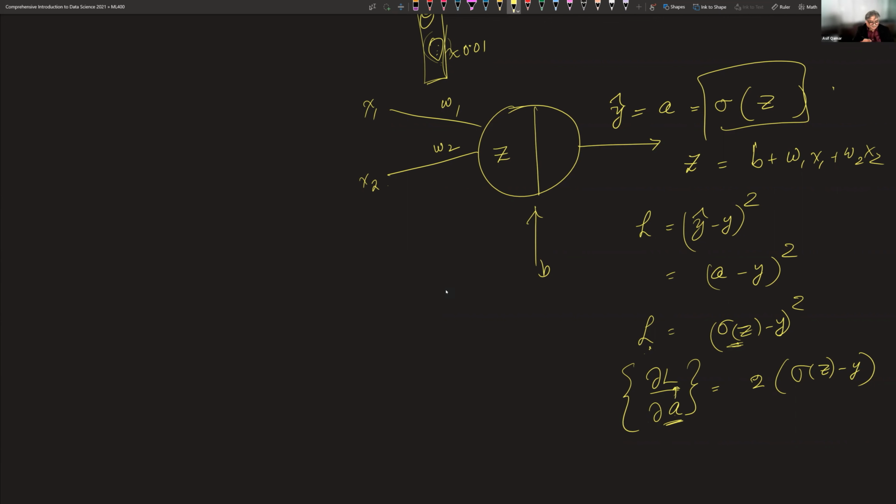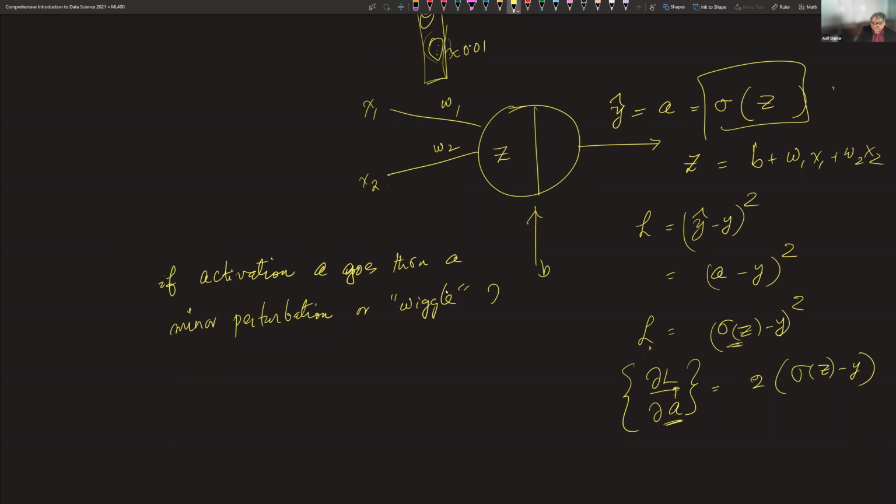In other words, if activation A goes through a minor perturbation, or think of it as a wiggle, you change it by a tiny amount, then how much did the L change?